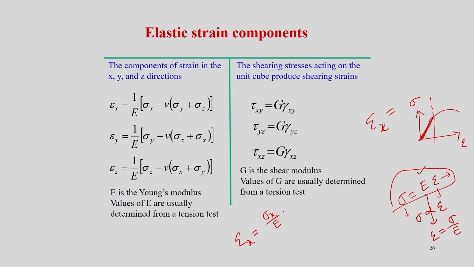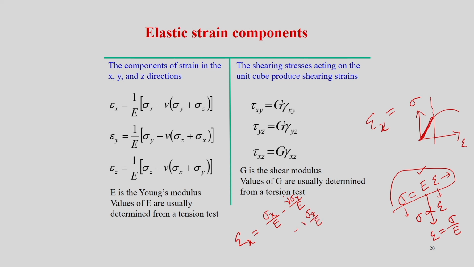Now, what may be the strain in the other directions? Lateral contraction may happen in the other directions, so we have Poisson's ratio into sigma y divided by E, and sigma z by E.